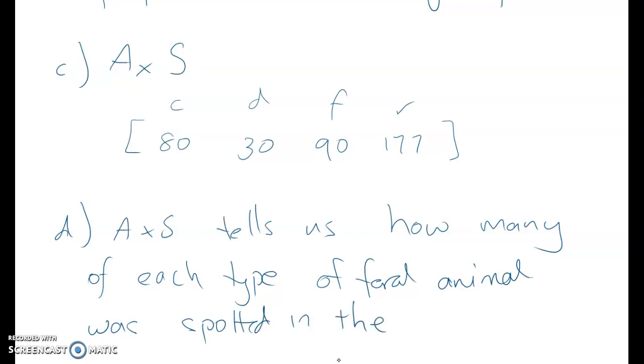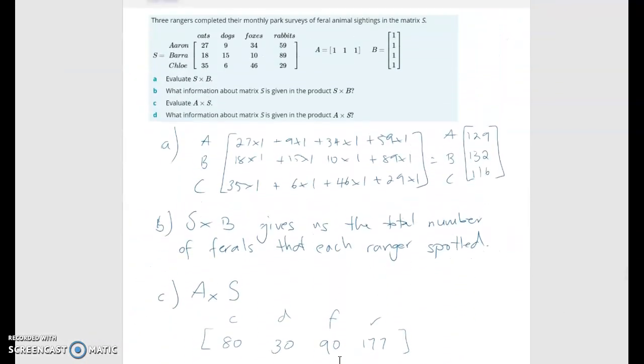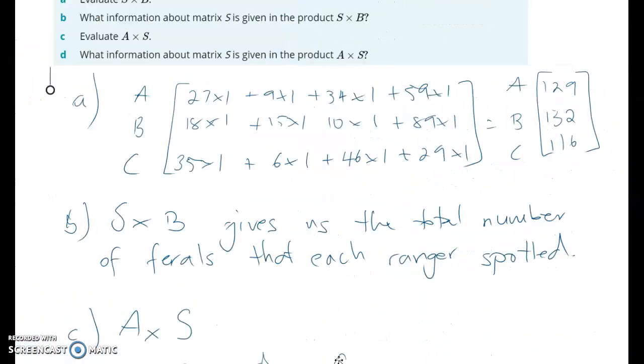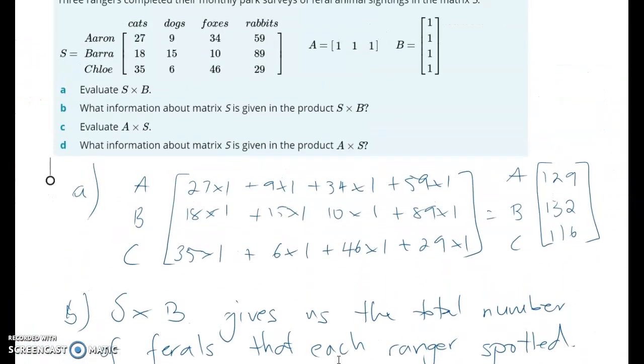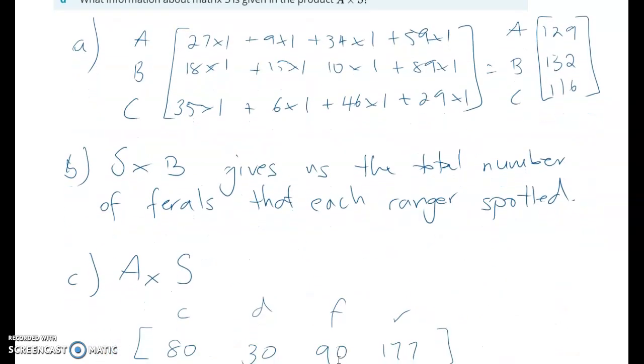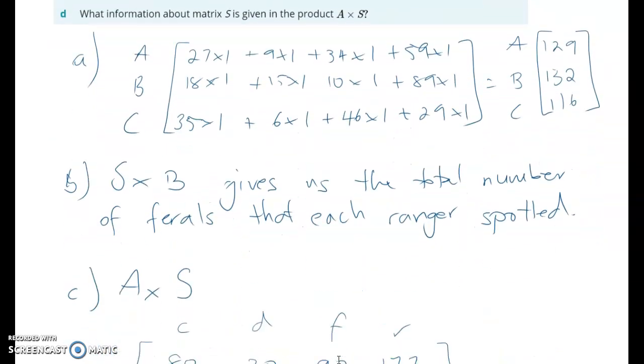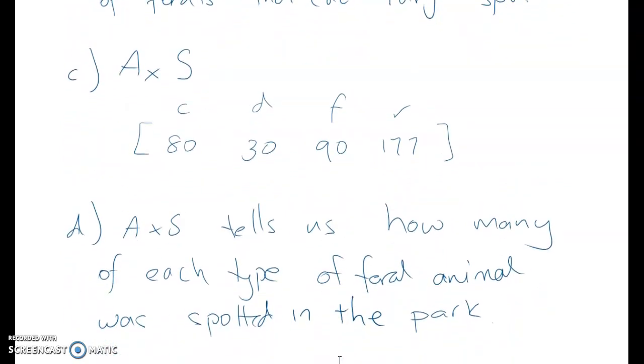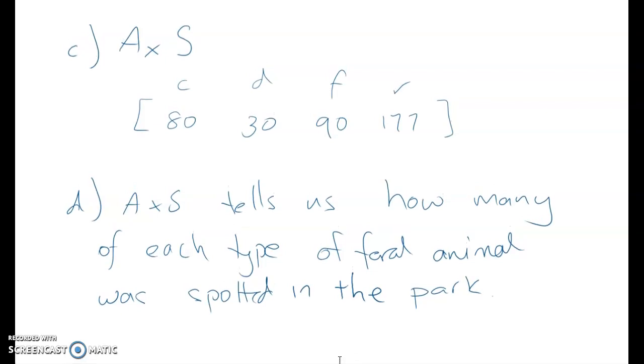It tells us that there were 80 cats, 30 dogs, 90 foxes, and 177 rabbits spotted, but it doesn't tell us who spotted them. Very quickly, it's added up 27 plus 18 plus 35 and given us 80. 9 plus 15 plus 6 gives us 30. So it's very quickly added up the columns for us. That's what a summing matrix can do. All right, I'll stop there, upload it, and make that available for you guys.